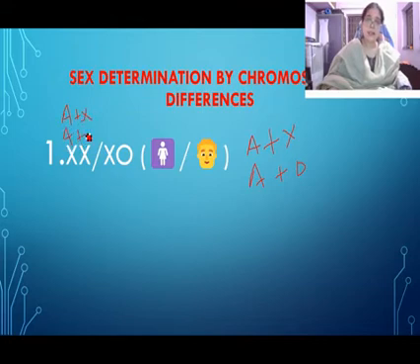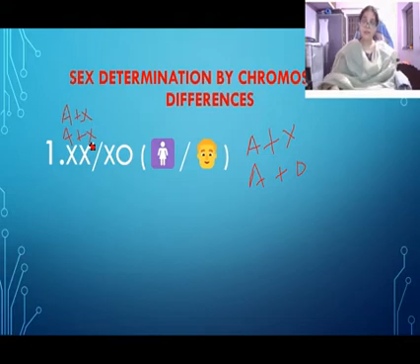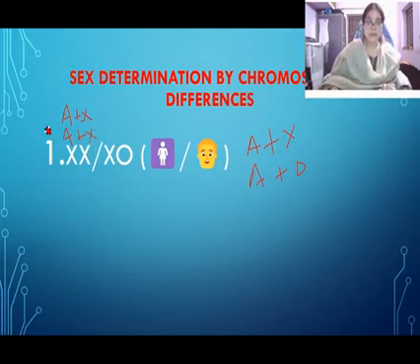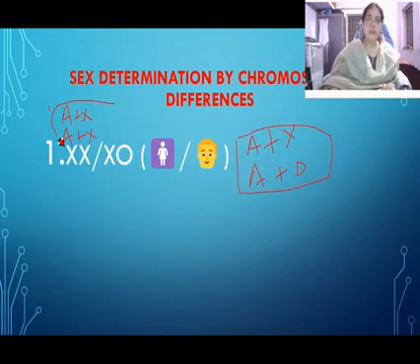A stands for autosomes, so autosomes will depend on the type of species or organisms, like in butterflies. This will be the genetic composition or chromosomal composition for the sperm, and this will be for the ovum.